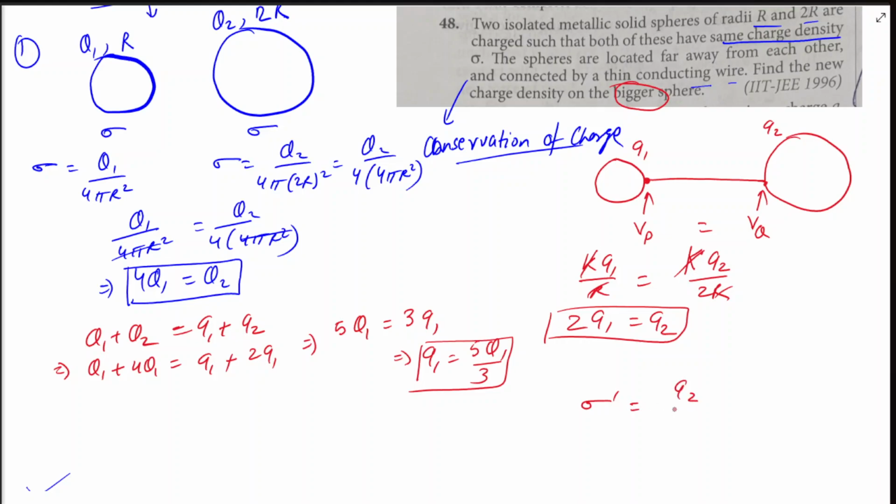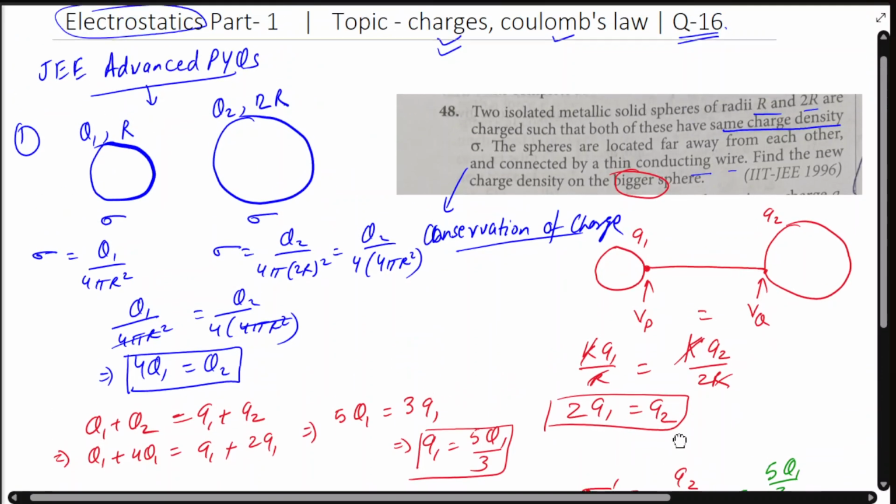It will be q2 divided by 4 pi R2 square, and the radius we know, so we can directly put it here. It will be 2R square. So q2 is 5 Q1 by 3 divided by 4 pi R square into 4, right?